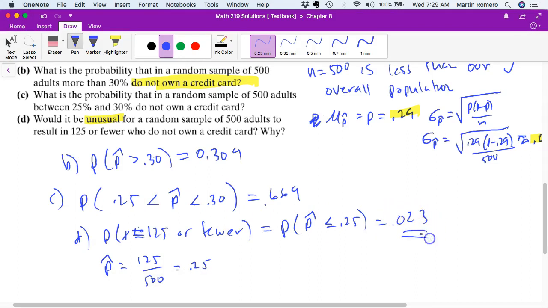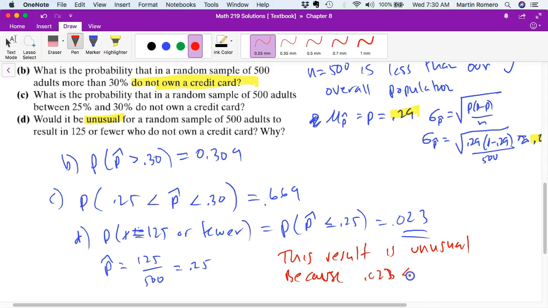Since that's our answer, we would say for sure this result is unusual, and it's unusual because 0.023 is less than 0.025. So it would be unusual if you did a sample of 500 adults that 125 or fewer would not own a credit card. That would be unusual.